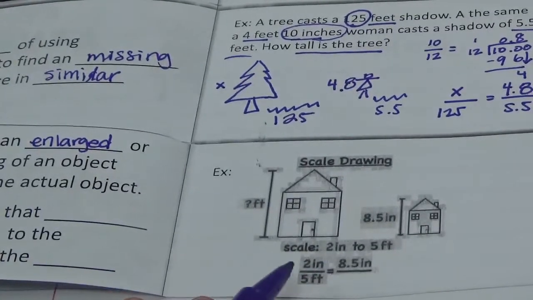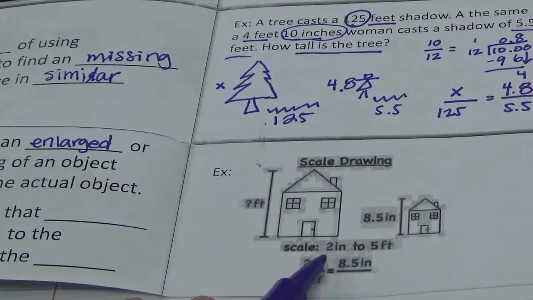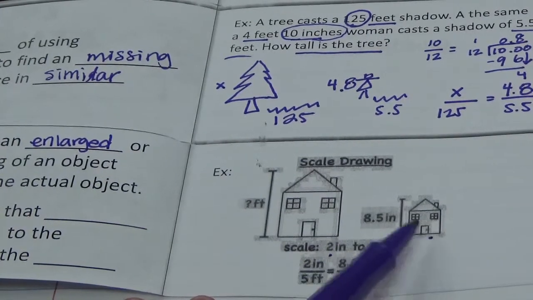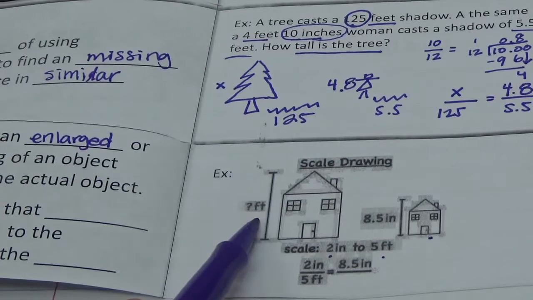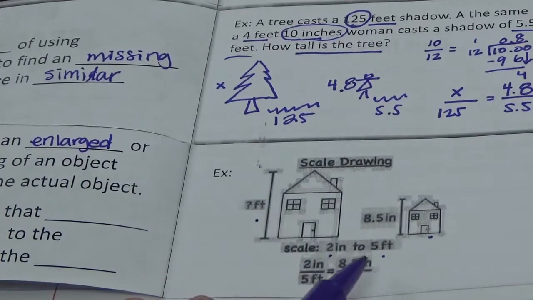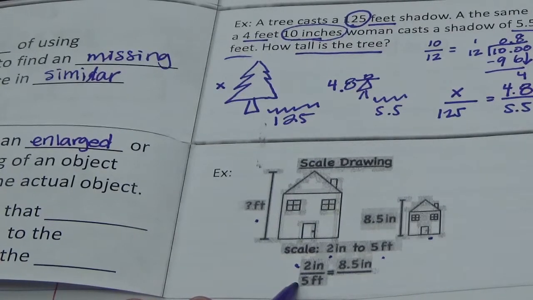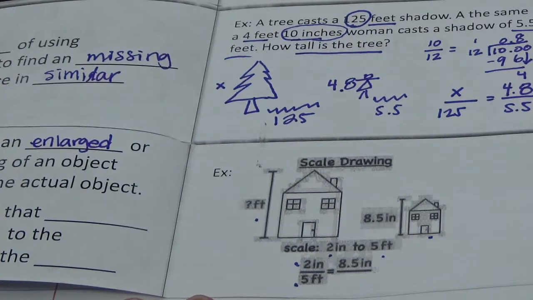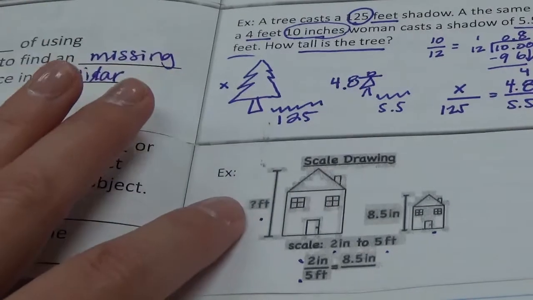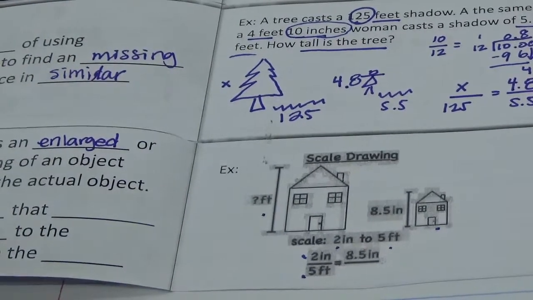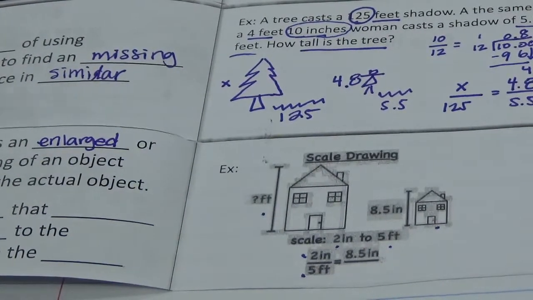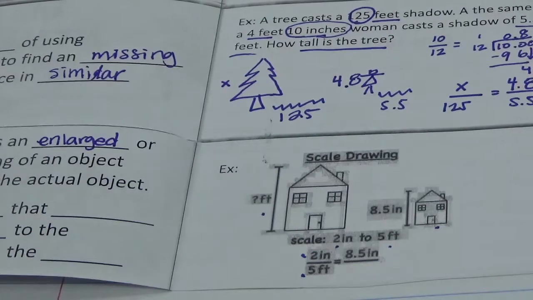So in this case, we have a scale given to us. We are given that the scale for 2 inches on the model is 5 feet on the actual. So we're gonna say that the scale is 2 inches to 5 feet. So that will tell us for any dimension on this house, I could figure out how big either the model is or how big the actual is.